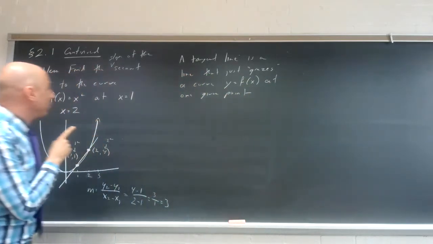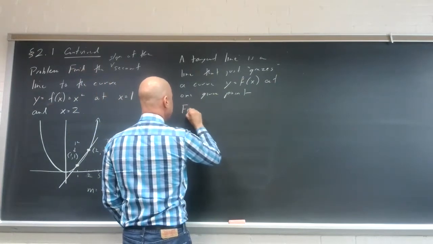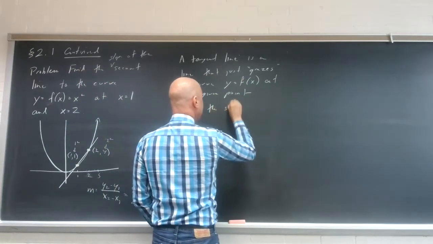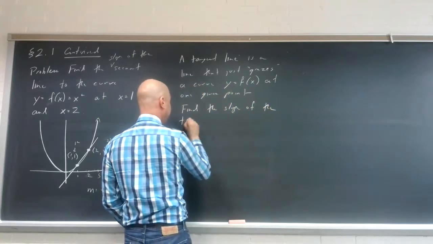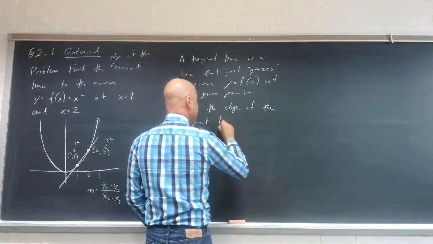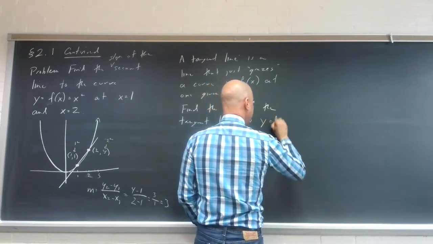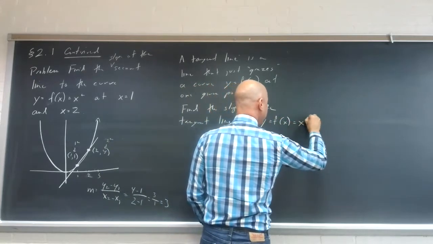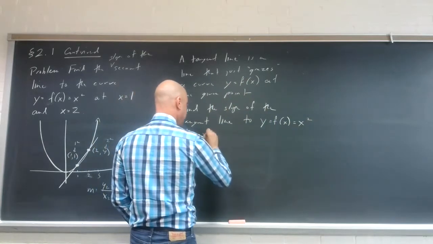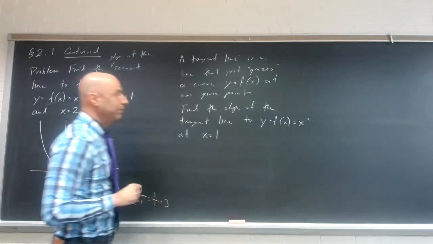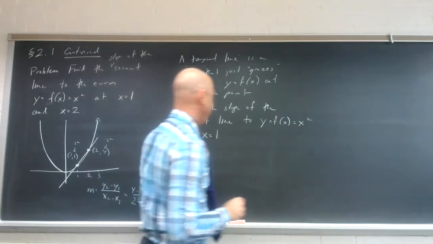So what if I give you a related problem? Find the slope of the tangent line to y equals x squared at x equals 1. So again, let's draw ourselves a picture.